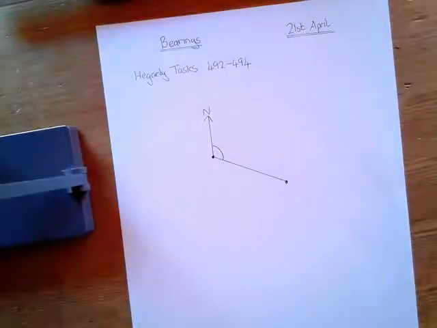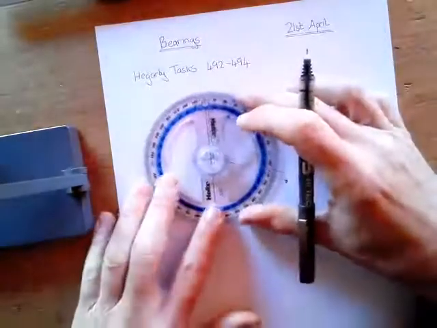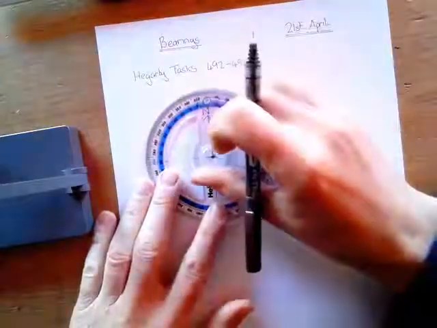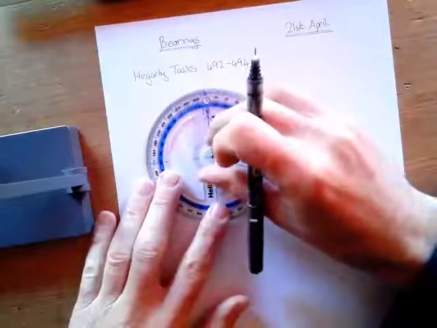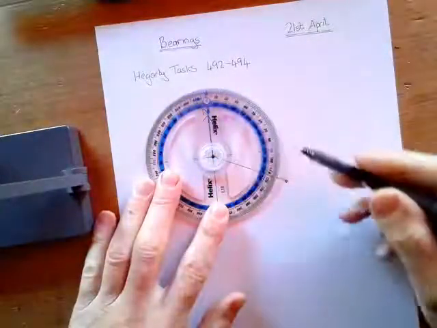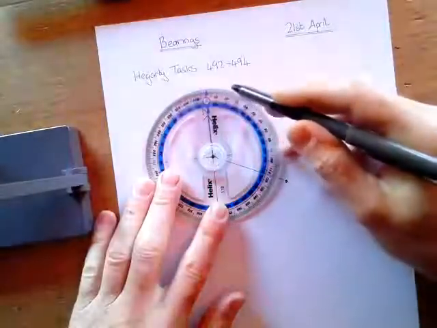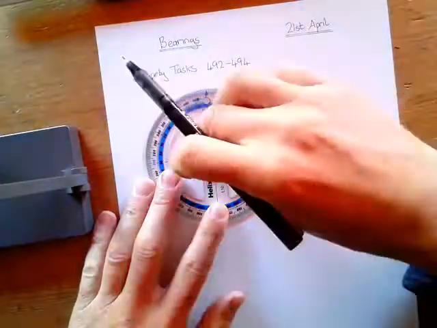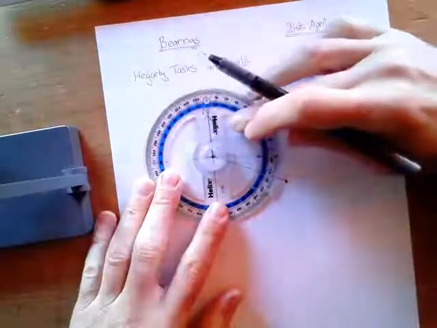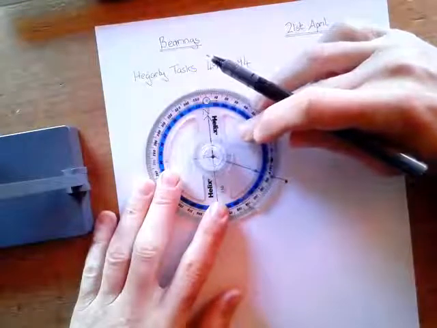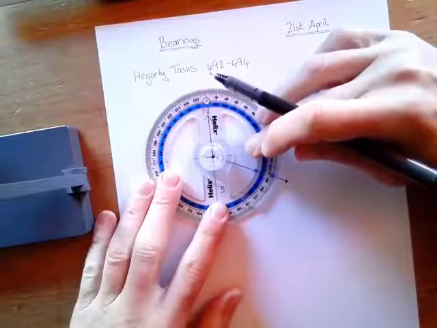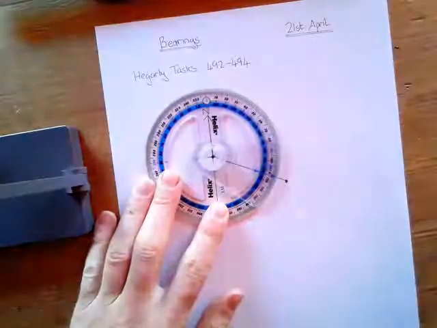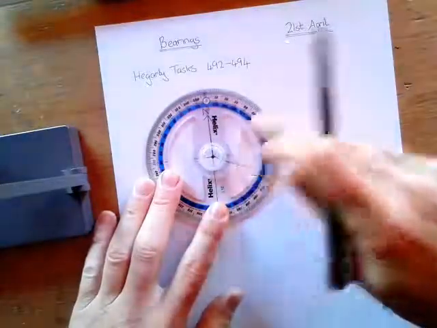If I put an angle measurer on the diagram like so, then the angle I would need to travel on would be, using the outside numbers, this angle here, 114 degrees. You can swivel this round if you want an idea of how far round we have to go to get to that angle. It's 114 degrees.